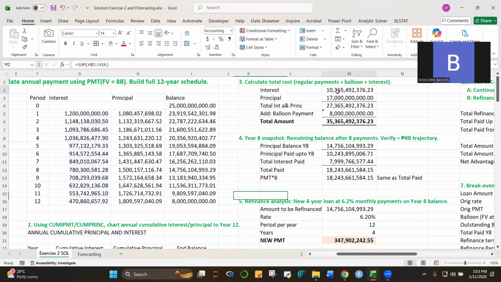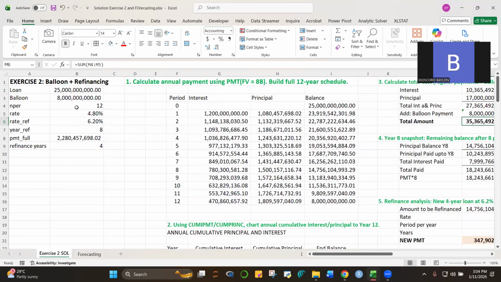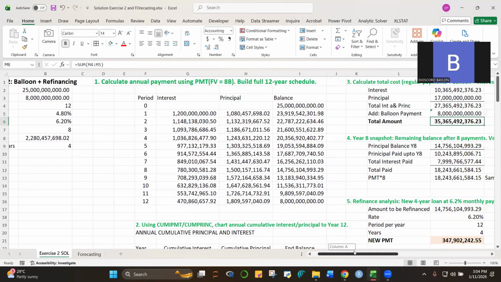So 10.36 billion plus 17 gives us a 27.365 billion total payment plus the 8 billion. So this strategy of having a balloon payment of 8 billion will mean a total cash outflow of 35.365 billion. That's a 35 billion payment for the loan of 25 billion for 12 years.